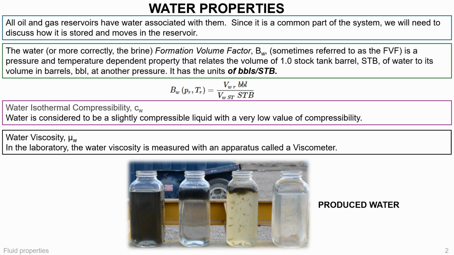In reservoir engineering, we describe water using three core properties: water formation volume factor, Bw, which relates one stock tank barrel of water at surface conditions to its volume at reservoir conditions; water compressibility, Cw, which is usually small because water is only slightly compressible; water viscosity, μw, which controls flow resistance and is measured in the lab using a viscometer.